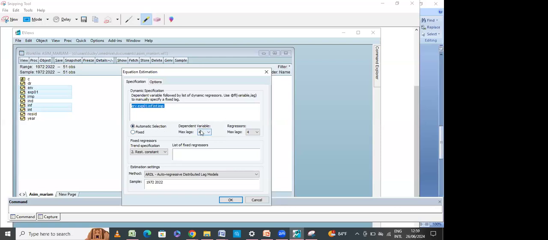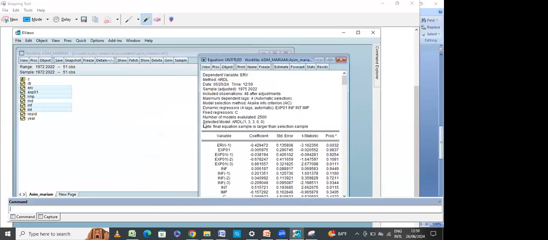With automatic lag selection, maximum lags are 4. I can even give 5 or 6, but 4 is the benchmark. I select 4. With Automatic, I am instructing EViews, whatever the best lag for my estimation, please compute my ARDL model at the best lag. I click on OK.